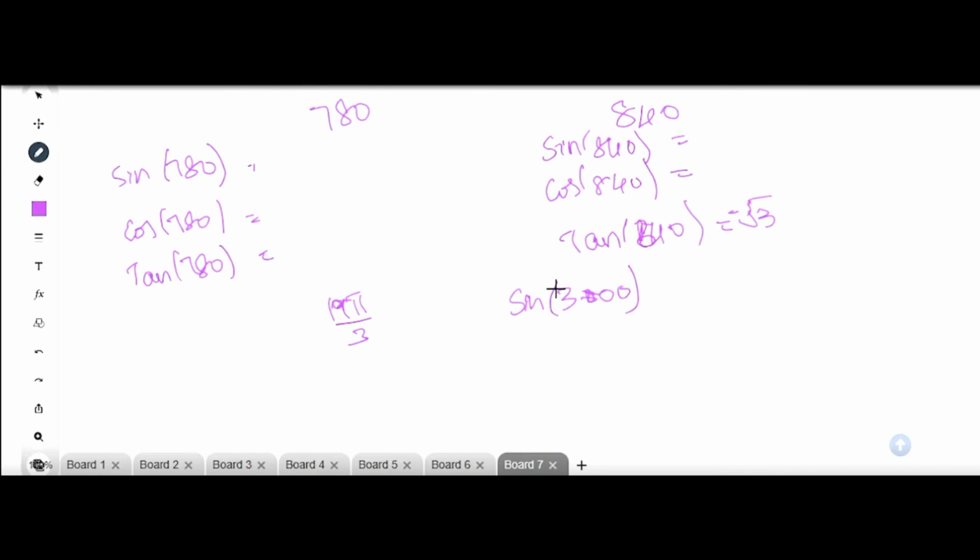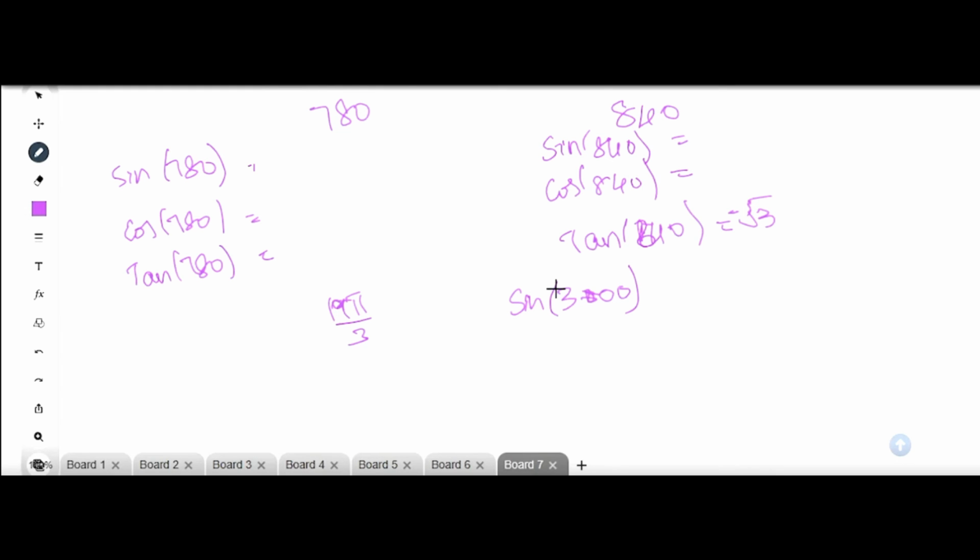You're telling me the answer? Yeah, that was the answer. Can you tell again? Let me look at what I wrote down. Can you check it again? Yeah, so I said sine 3000 would be 3000 minus 2880, which is 8 rotations of an entire circle.